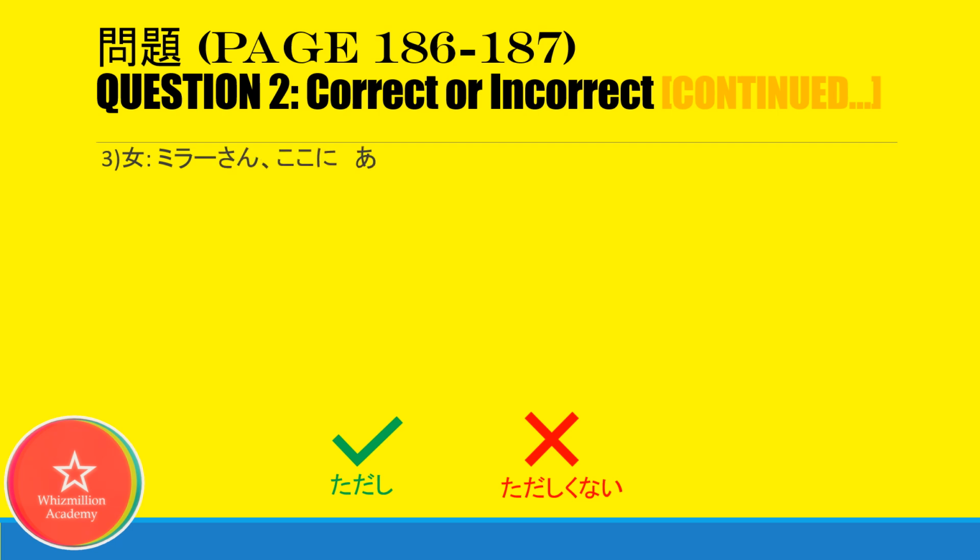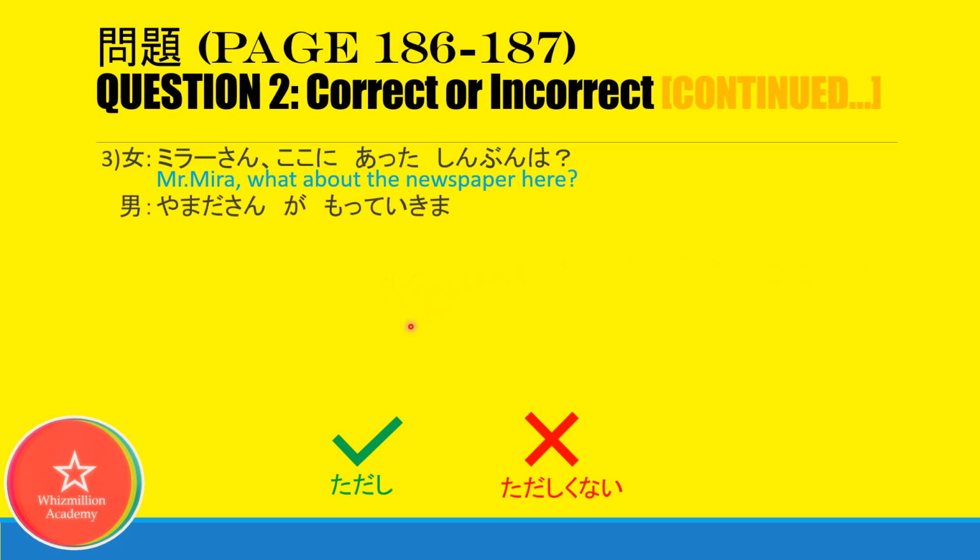Question number 3. 女の人。ミラさん、ここにあった新聞は? Mr. Mira, what about the newspaper here? 男の人。山田さんが持って行きましたよ。Mr. Yamada took it with him. 女の人。ああ、そうですか。Oh, I see.